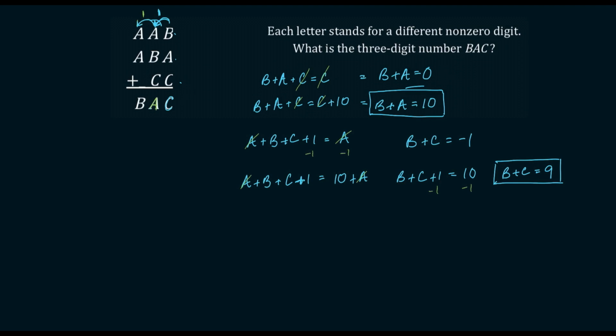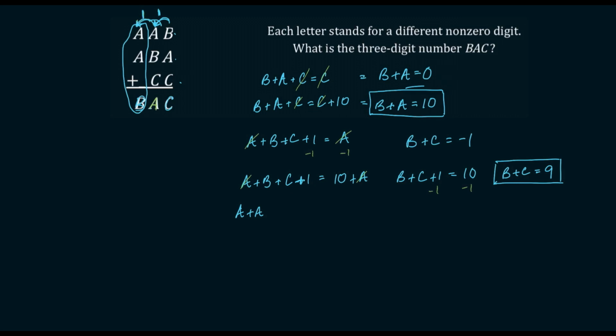Alright, and finally, let's look at the hundreds column. This time, there is no column to carry over a 1 or a 2, so we can just write this simply as A plus A, and then we can't forget this 1 carried over from the tens to the hundreds.